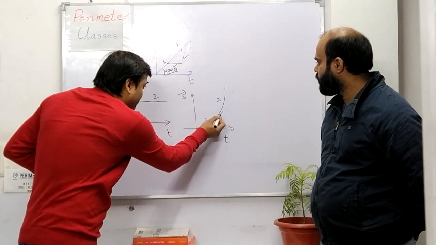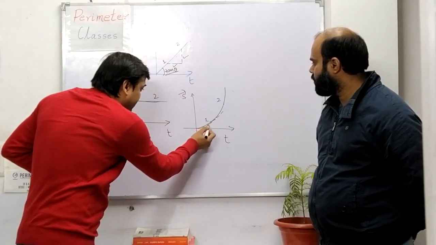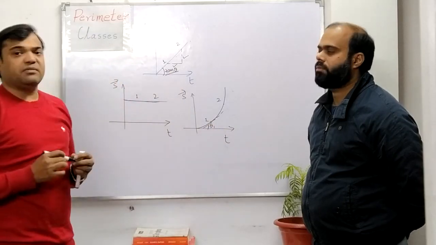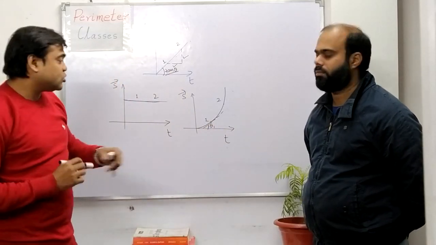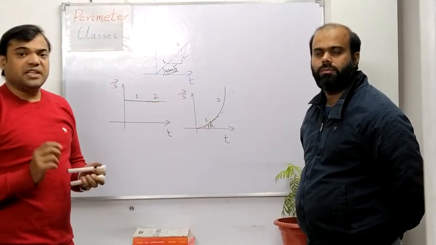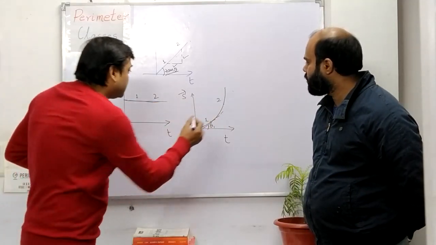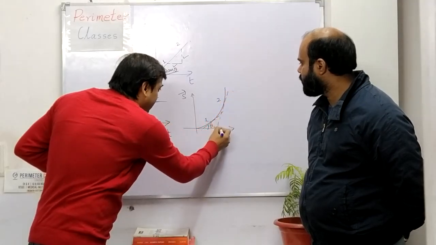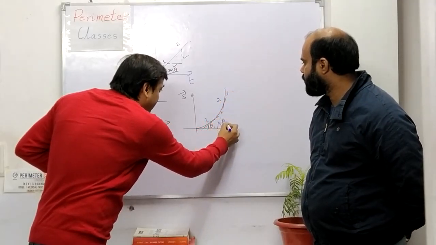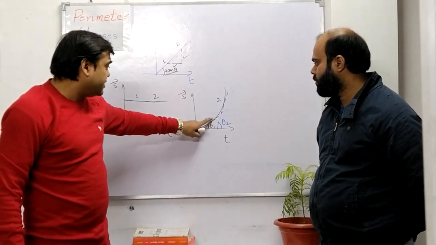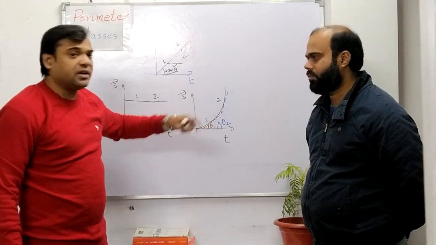The tangent will look like this line, and let us say this angle is theta 1. This theta 1 will give us the slope of the tangent passing through point 1. Similarly, we can draw a tangent passing through point 2, and this tangent will make an angle theta 2. So theta 1 is the slope at 1, theta 2 will give the slope at 2.